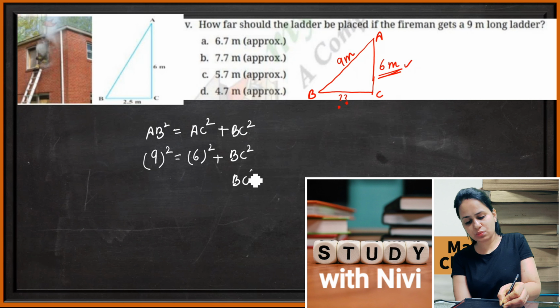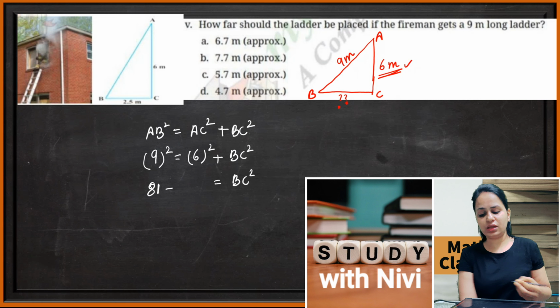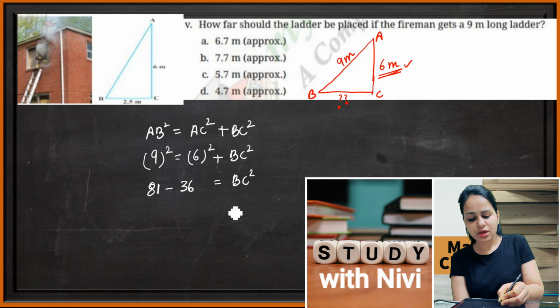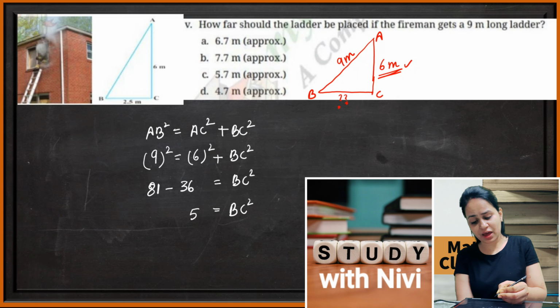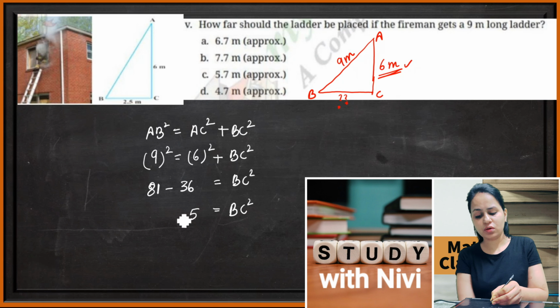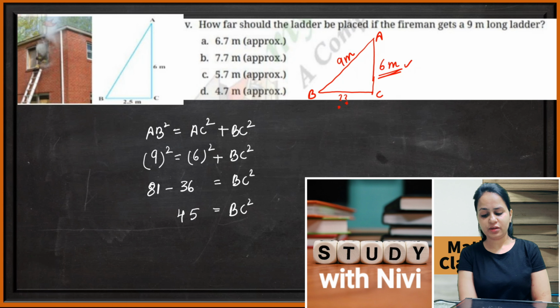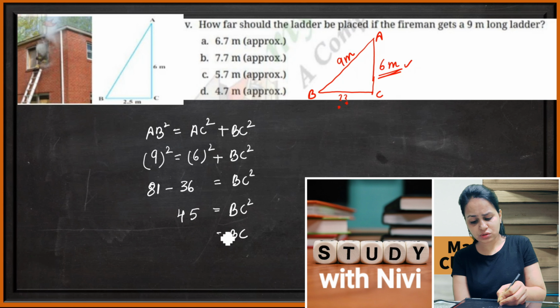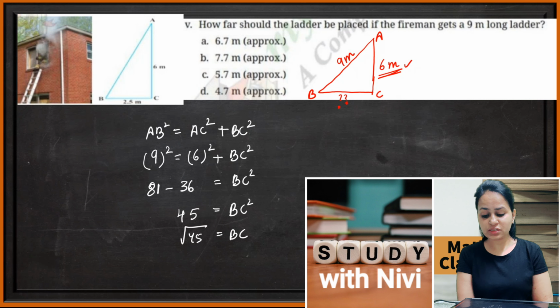Which means BC square is equal to 81, 9 square is 81, minus 36, which makes it 45. So now BC is equal to square root of 45, and what is square root of 45 equal to?